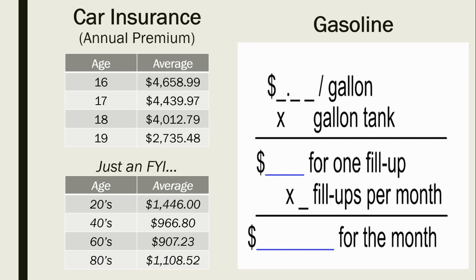All right, so you guys have all the way through gasoline taken care of? Okay, so yes, would you be about 3 times a month? Yeah. So then just put that.